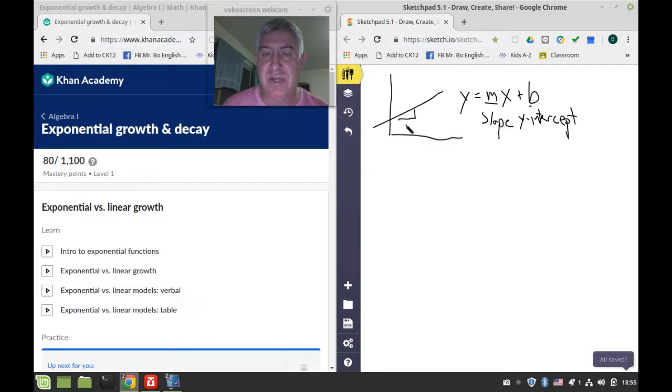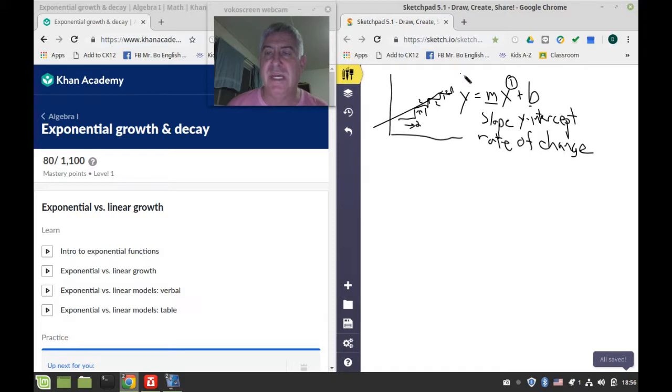For every time we move this way, we move up the same amount this way. So if we move right 2 and up 1, the next time we'll also move right 2 and up 1, and then the next time we'll also move right 2 and up 1. You get the idea. So our rate of change is always the same.